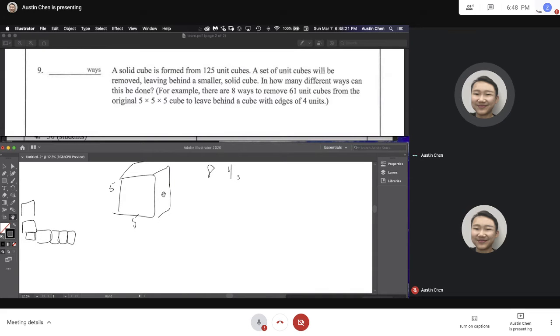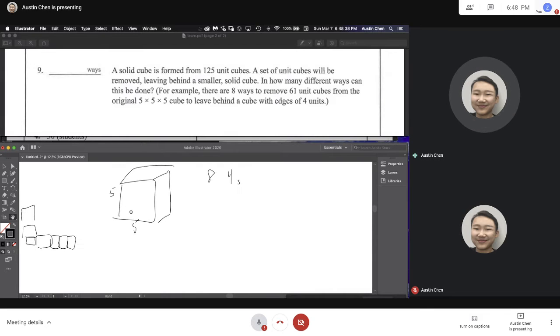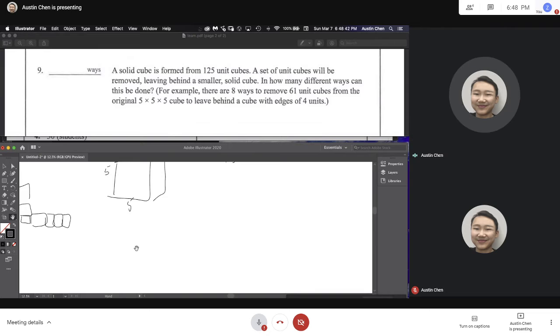Okay, and then the 3 by 3 by 3 cubes, it's not as easy as the 4 by 4 by 4 cubes. But there's a better way you can think of to counting how many of a certain size cube fits in the 5 by 5 by 5 cube.